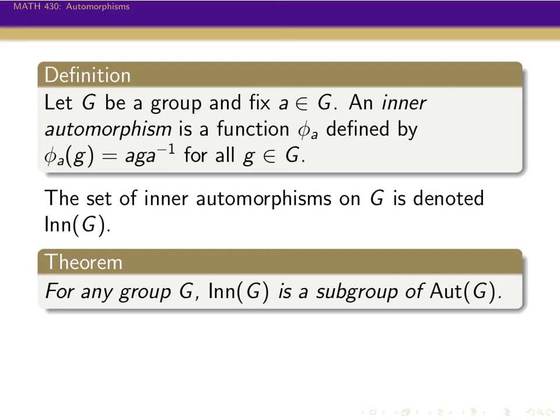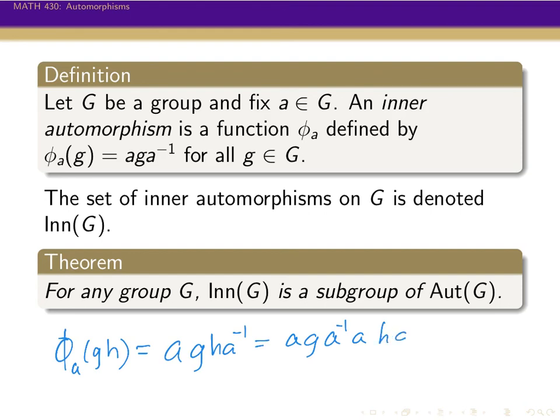And so if you did phi sub a of gh, this would be equal to a g h a inverse, and then in between g and h we can tuck in a inverse a because they're equal to the identity, giving a g a inverse a h a inverse, and so this is equal to phi a of g times phi a of h, and so at least this does preserve the group operation as well.